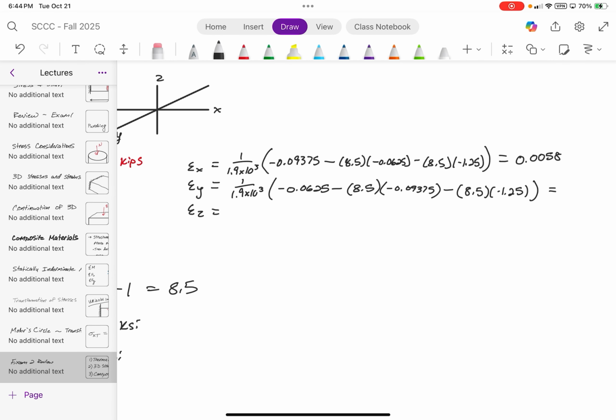One over 1.9 times 10 to the 3 times... And this, everyone should have gotten 0.0060, give or take. And then epsilon z, 1.9 times 10 to the 3 times negative 1.25 minus 8.5.